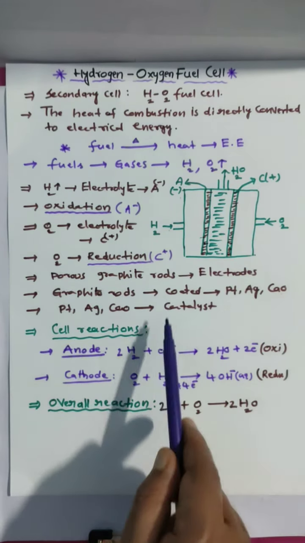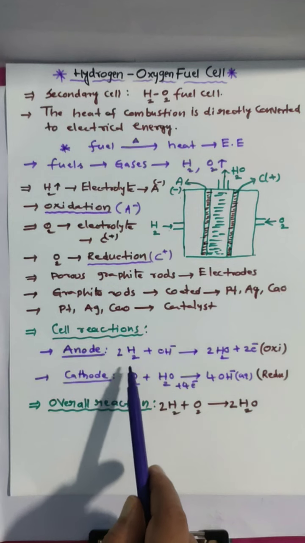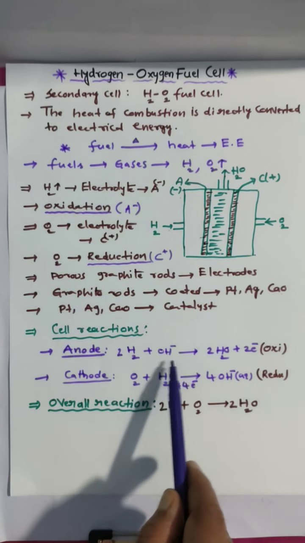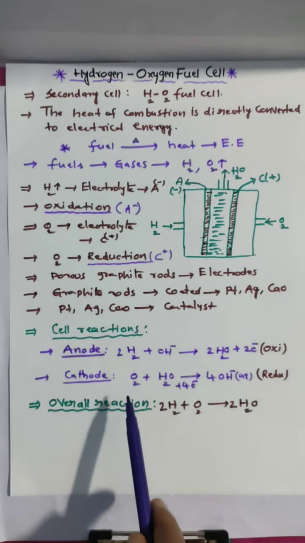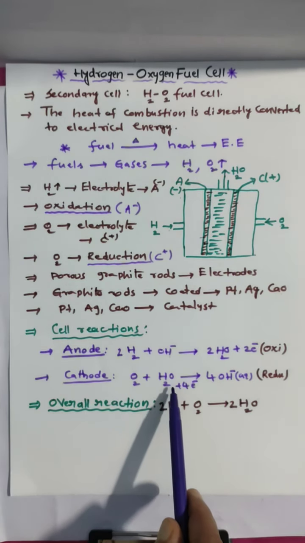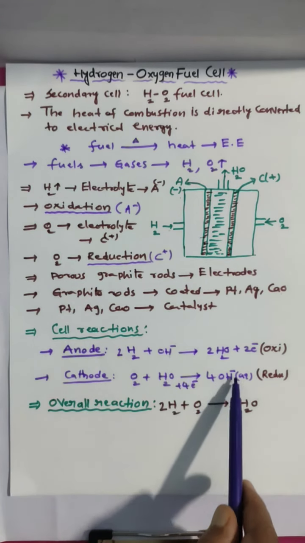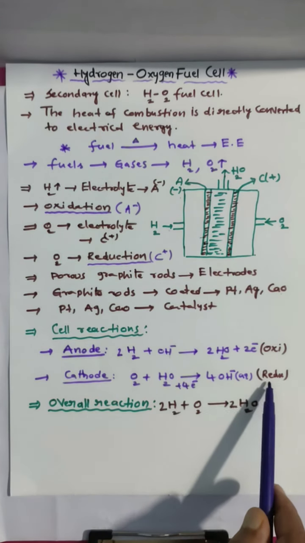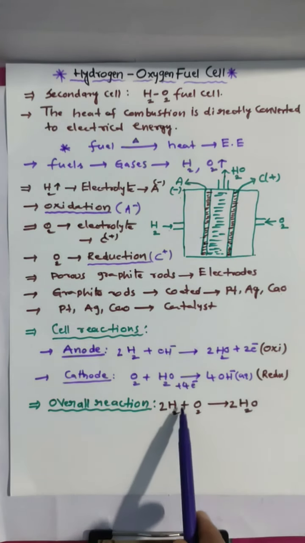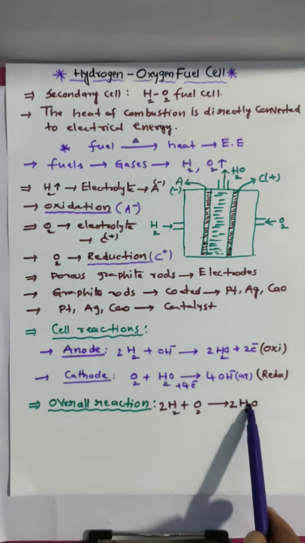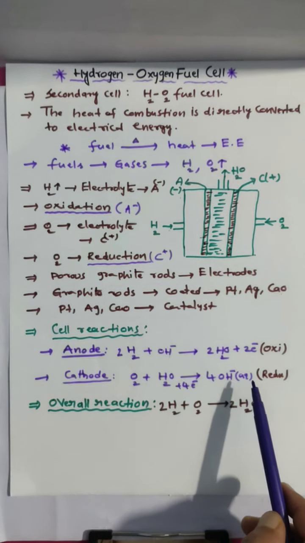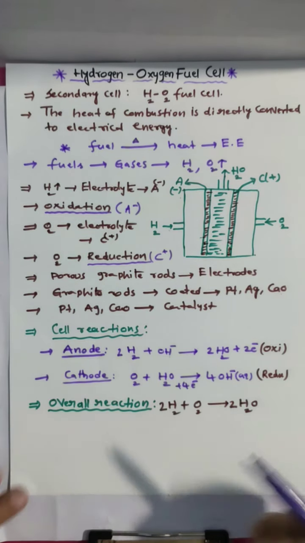And cell reactions. At anode, hydrogen gas taking OH minus ions is converted into water. Oxidation. At cathode, oxygen reacts with water, undergoes reduction to OH minus. This is reduction. Overall reaction, hydrogen plus oxygen giving rise to water molecule which is in liquid state.